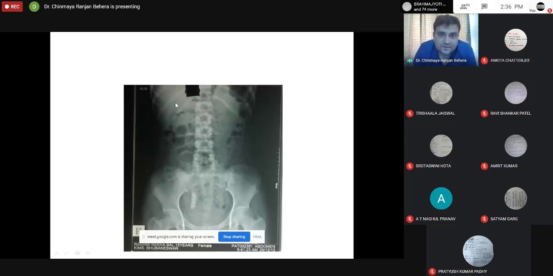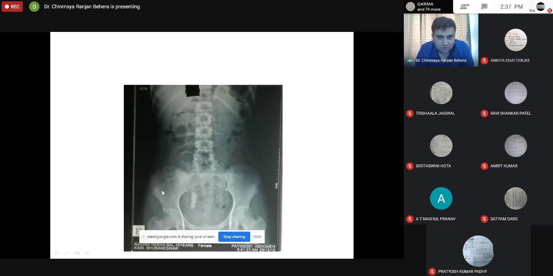Now, what you see here, how do you describe this one? This is a plain X-ray abdomen PA view. What do you see? Is there any obstructive features? No, these are only small gas-filled bowels. So there is no air fluid level, so there is no obstruction.